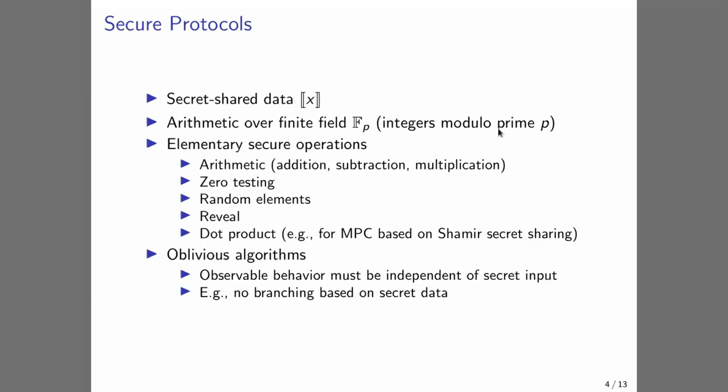Now, you can take these elementary operations and put them together to create composite secure operations, secure protocols. But in doing so, you must be careful that the algorithm you're putting together is oblivious. And that means that the observable behavior of the algorithm must be independent of any secret inputs. For example, an oblivious algorithm cannot perform any conditional branching based on secret data.